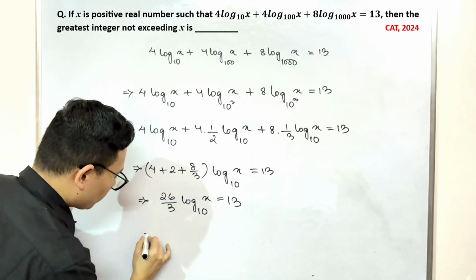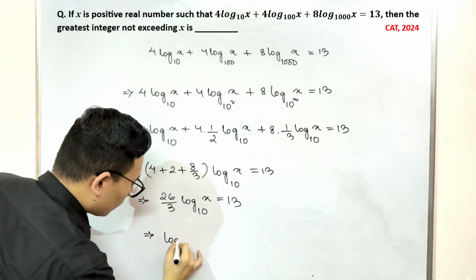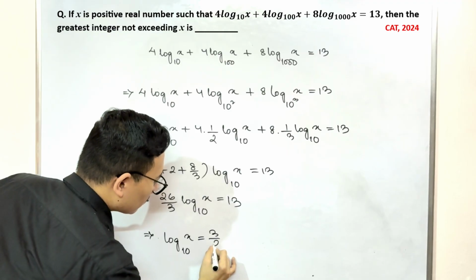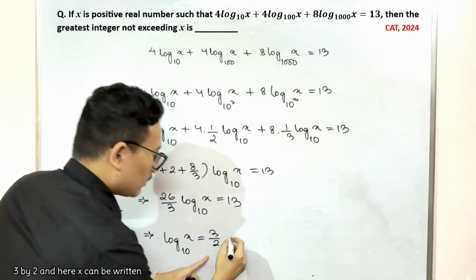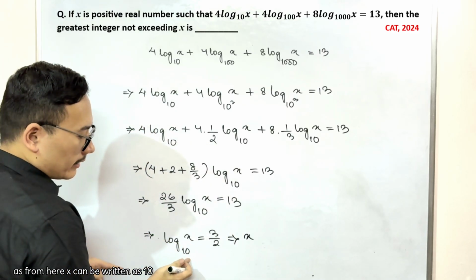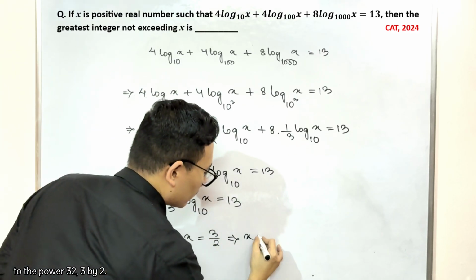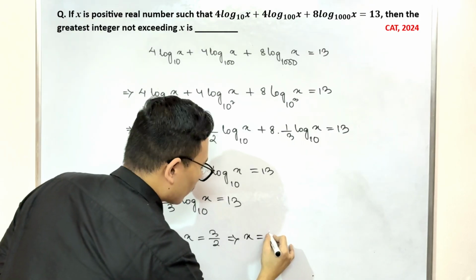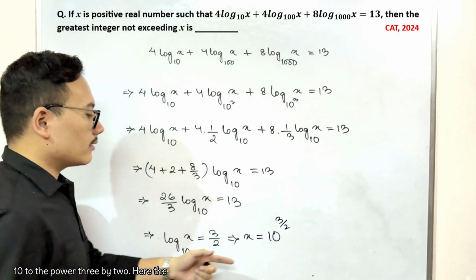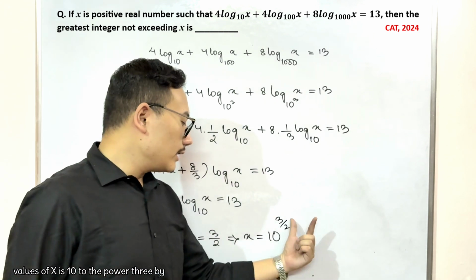From here, log x to the base 10 is 3 by 2. And from here x can be written as 10 to the power 3 by 2. Here the value of x is 10 to the power 3 by 2.